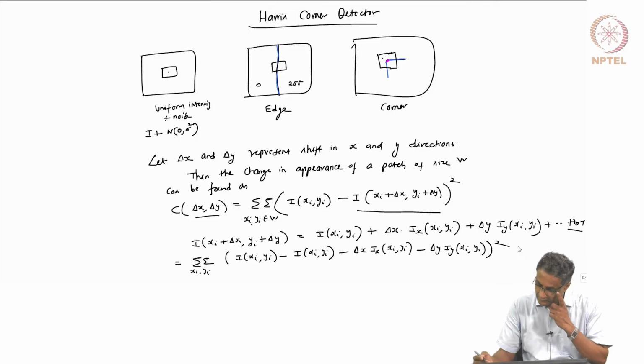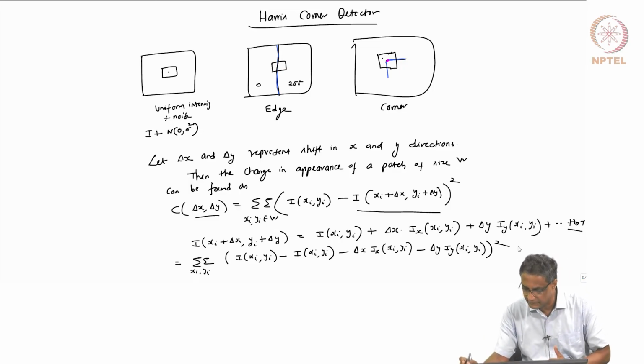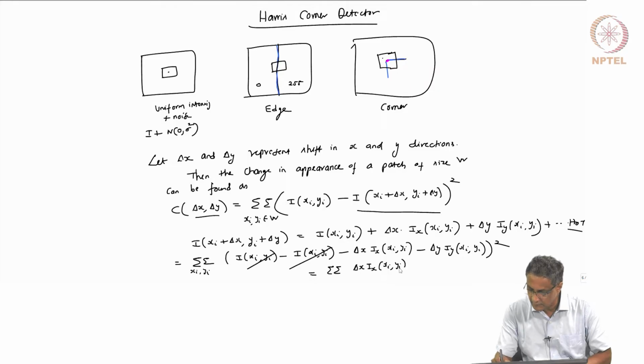Of course, this approximation will have some effect, but that is okay. So, these two cancel off, and what you are left with is simply delta x Ix of xi, yi plus delta y Iy of xi, yi, the whole square summed over all xi, yi.